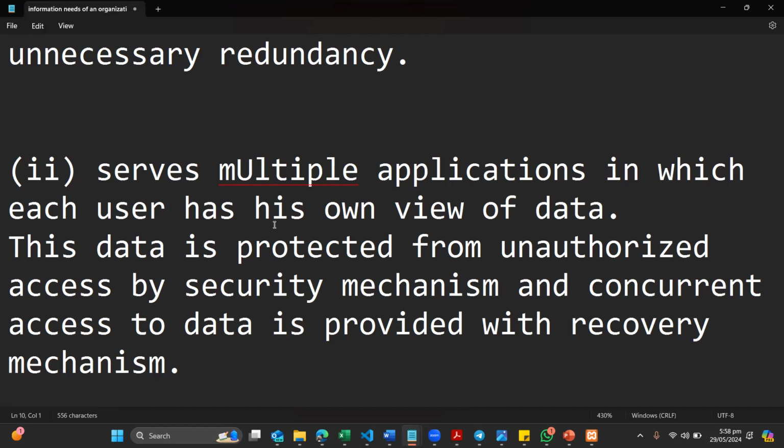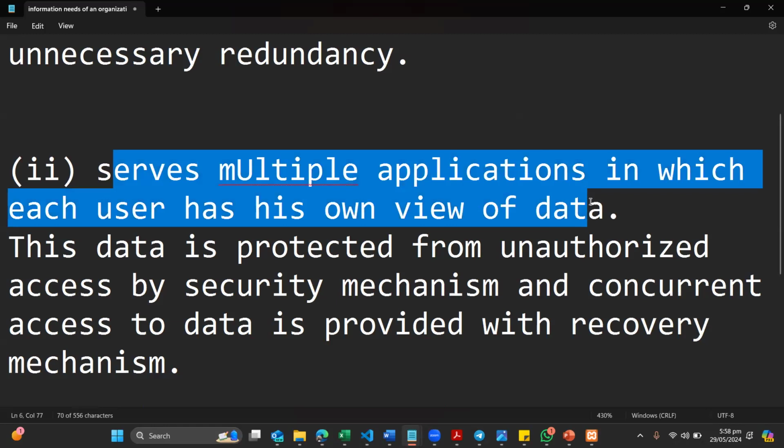provided with recovery mechanism. That is, in a particular system like this, we have data, we would build an interface to access the data, and then we will prevent any user from having direct access to the data because of the interface we have developed.